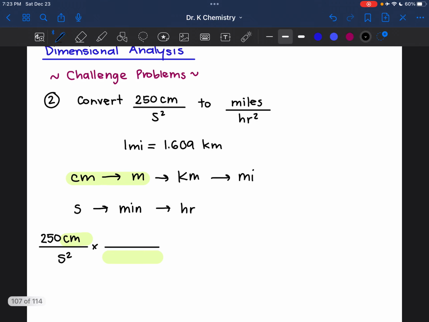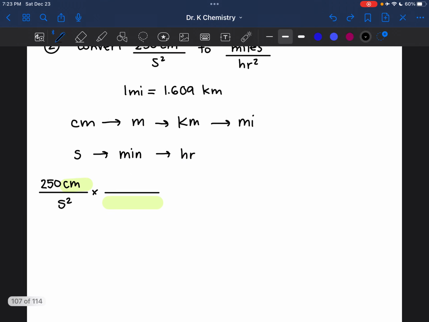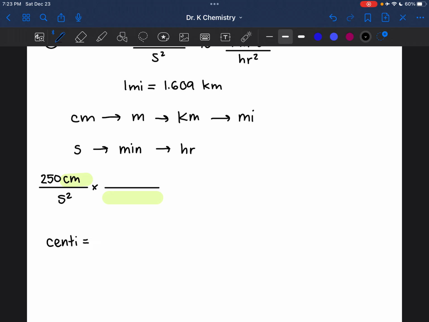And if you recall, centi means 10 to the negative 2, which means there are 10 to the negative 2 meters in 1 centimeter. Alternatively, you could write it as 0.01 meters in 1 centimeter. Now, I don't particularly like dealing with negative exponents, so I usually flip this around and I say, okay, well, if this is 10 to the negative 2 meters, then that suggests that centimeters are the smaller unit.